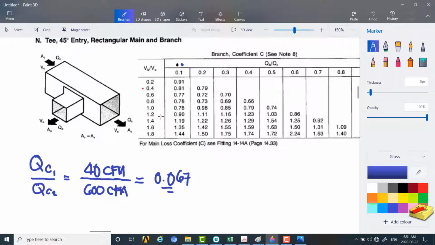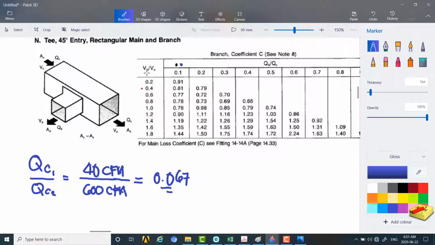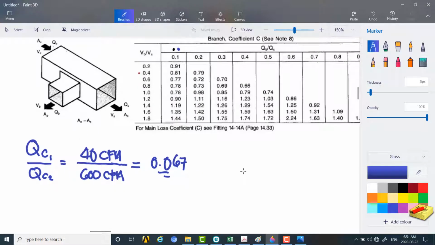then on the other side of our table, that will be the ratio of the velocity from here to the velocity from here. So we can rewrite your velocity: that will be the velocity of the branches, velocity C1, divided by the velocity from your main duct, velocity C2.